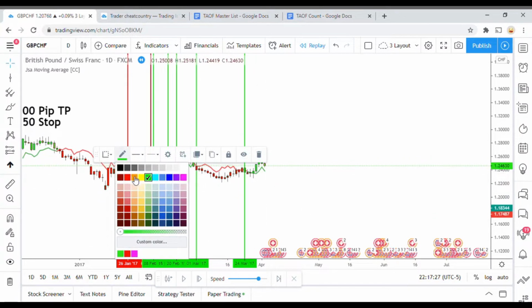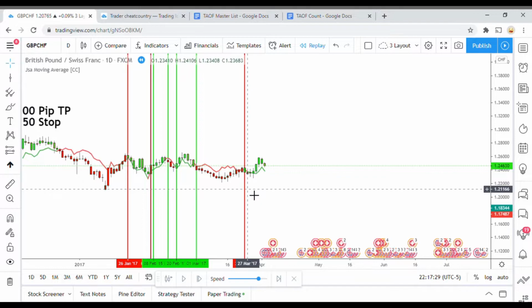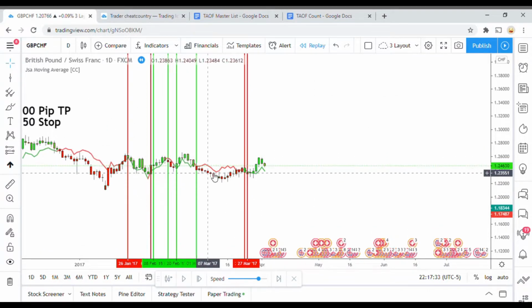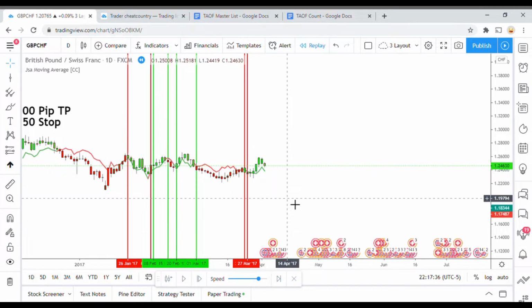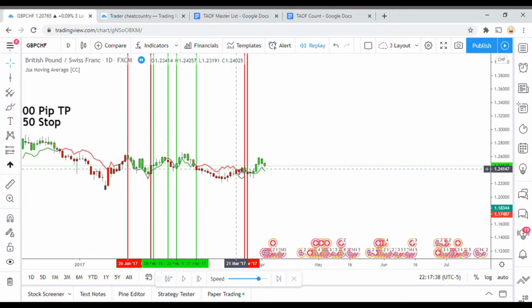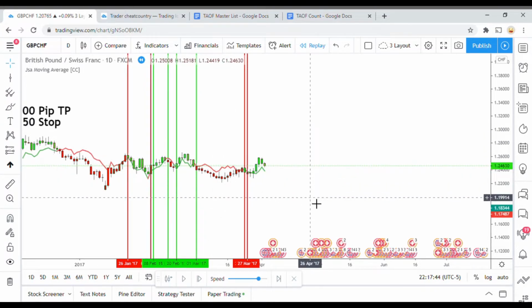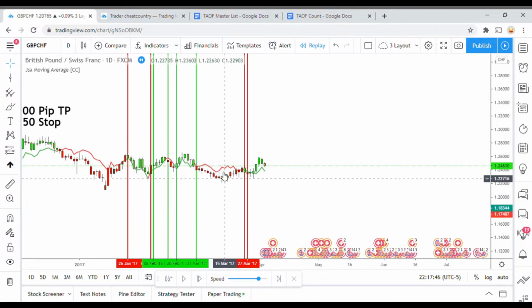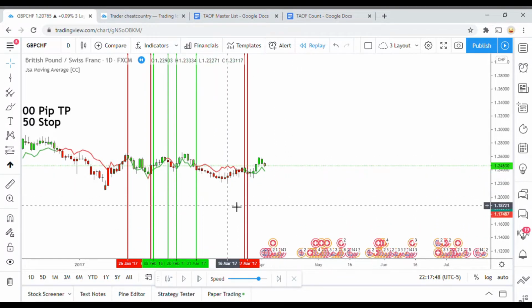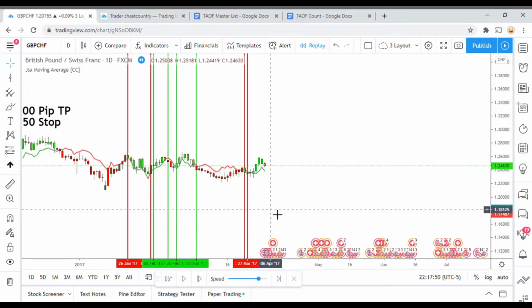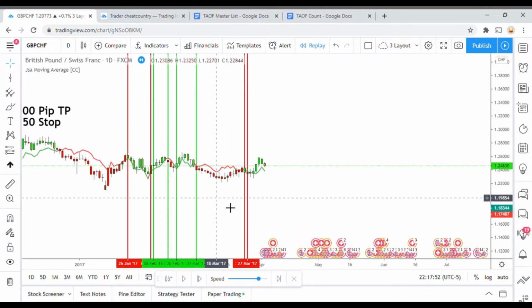It already looks like you're definitely going to get some chop, some whipsaw in and out of the market when trading a single line cross or a zero line cross type setup, just because there's no room for it to filter out that range.